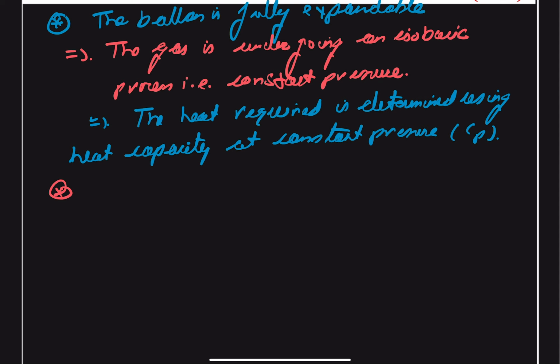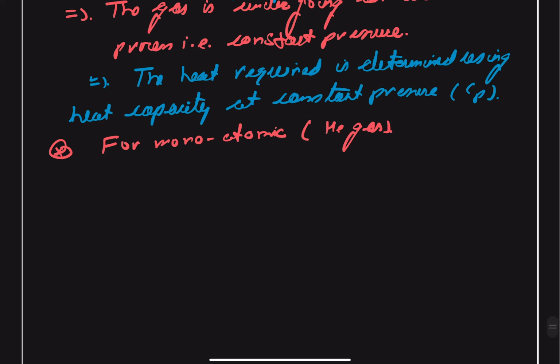Therefore we can say for monatomic, which is our helium gas, Cp is equal to 5 by 2 times R. The value of R we already know, that is 8.31.